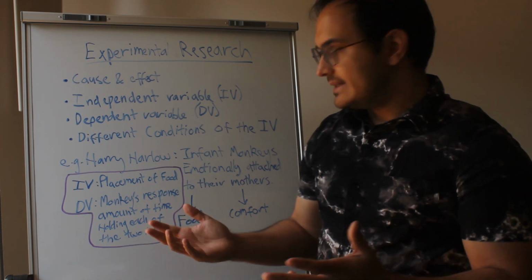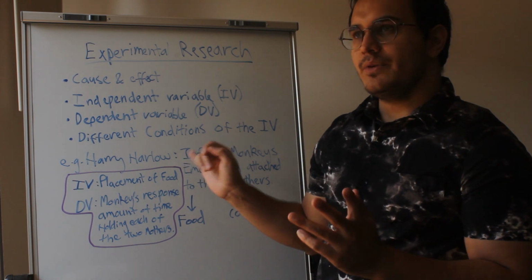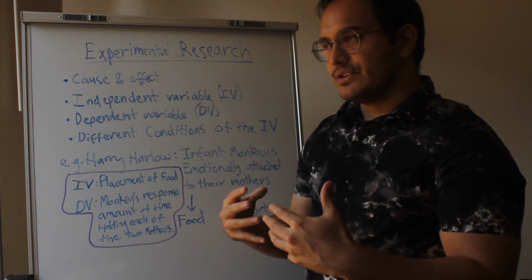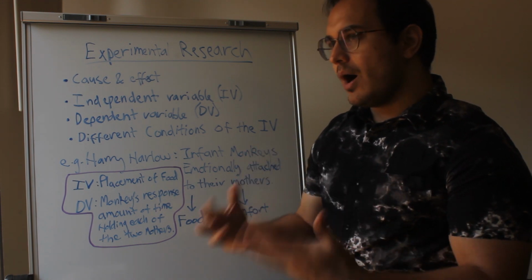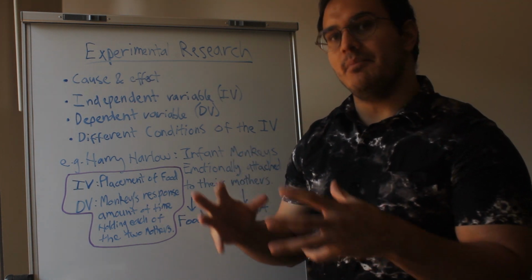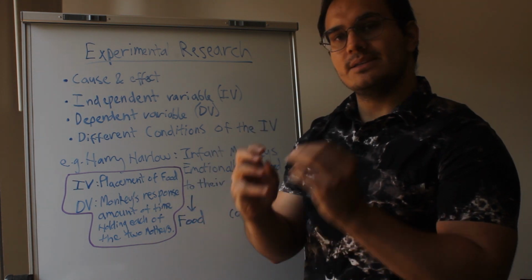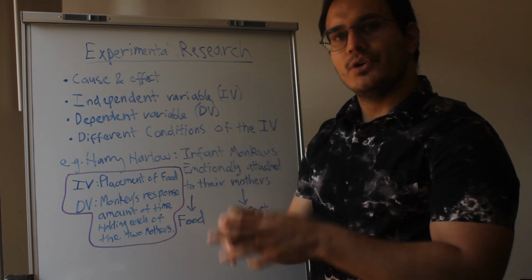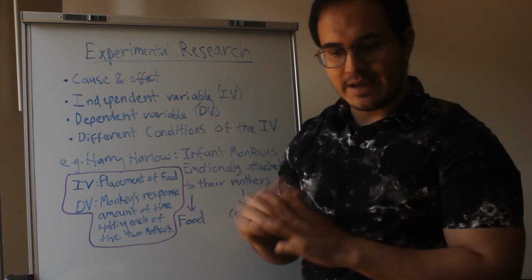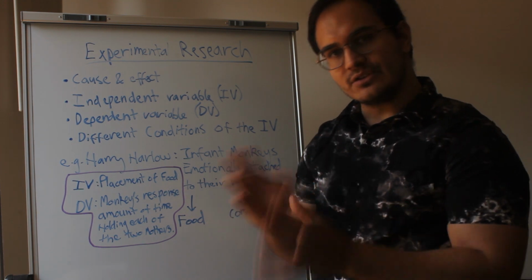There's some research done by Harry Harlow with infant monkeys, where they wanted to understand why these infant monkeys were emotionally attached to their mothers. So we've got an observation: infant monkeys seem to be attached to their mothers. Why is that? We have two theories that we want to test to see which one's right.